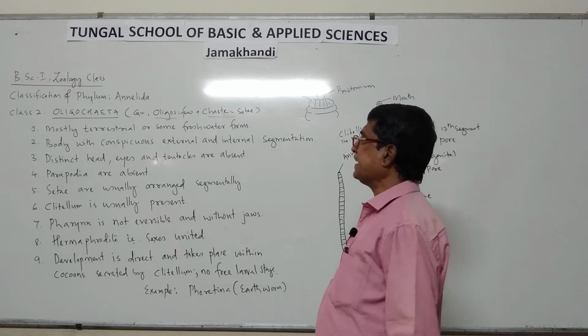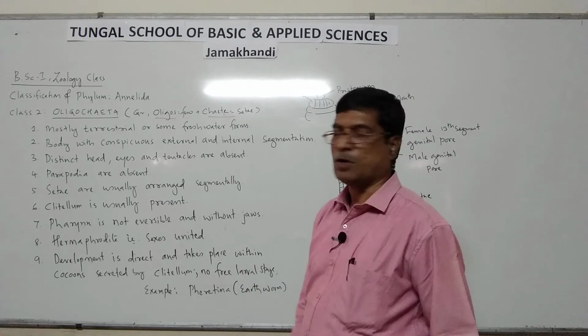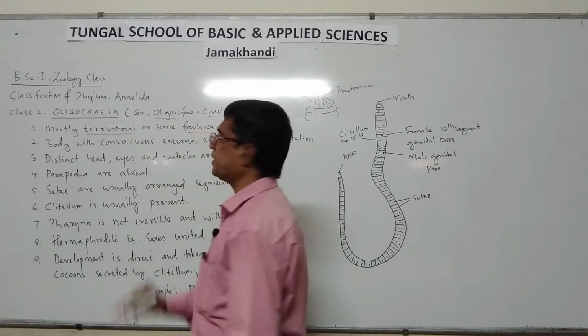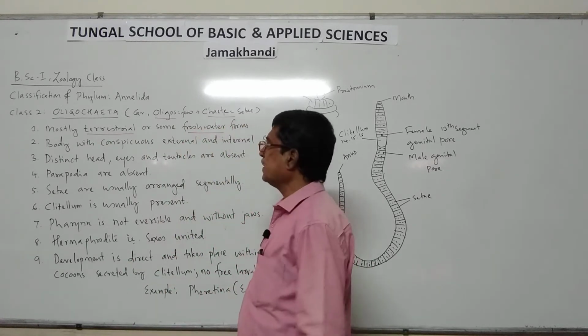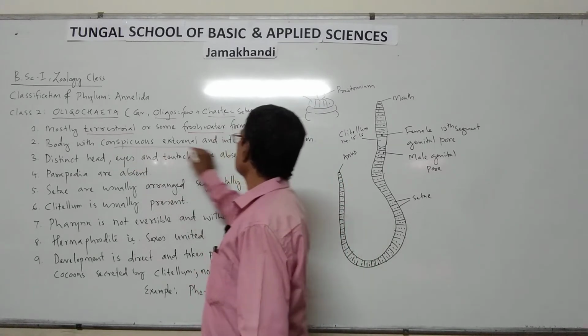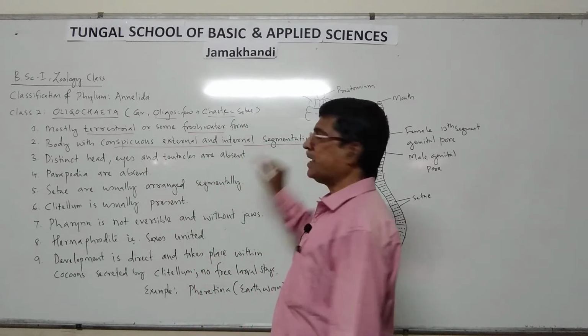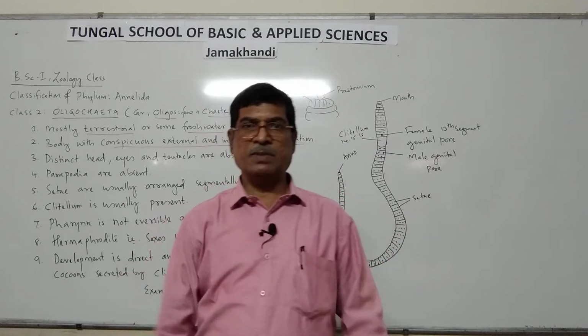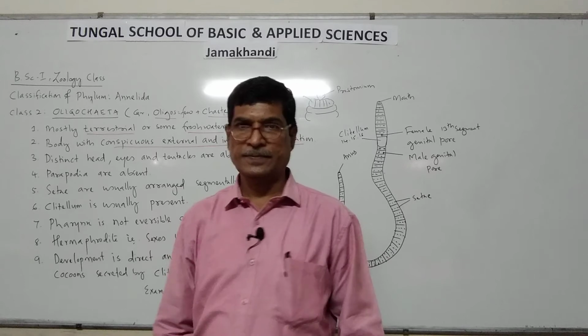Number 1, mostly terrestrial, or some freshwater forms. Body with conspicuous external and internal segmentation. Body is segmented, and that segmentation can be seen externally as well as internally.